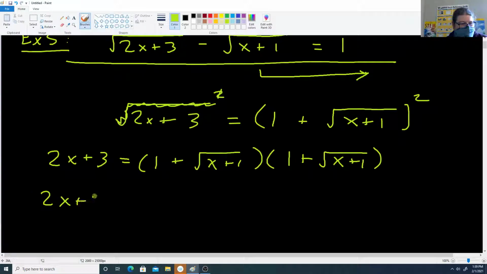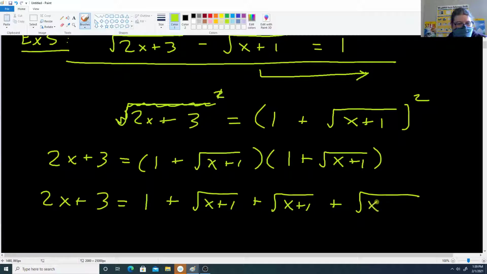So we get 2x plus 3 equals, first is 1 times 1, which is 1. Outer will be 1 times the square root of x plus 1. Inner will be the square root of x plus 1 times 1. And last will be the square root of x plus 1 times itself, which will be the square root of x plus 1 squared. So the square here is going to get rid of the square root there.